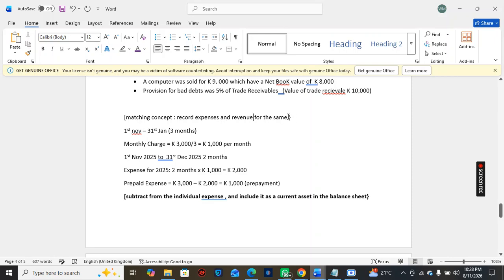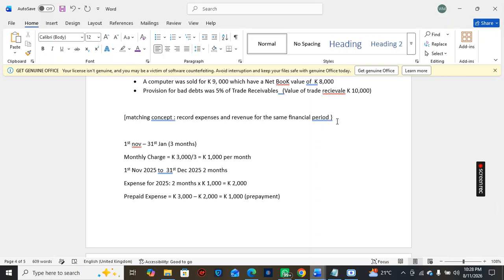and revenue for the same financial periods is the accruals concept. Okay, the accruals concept.